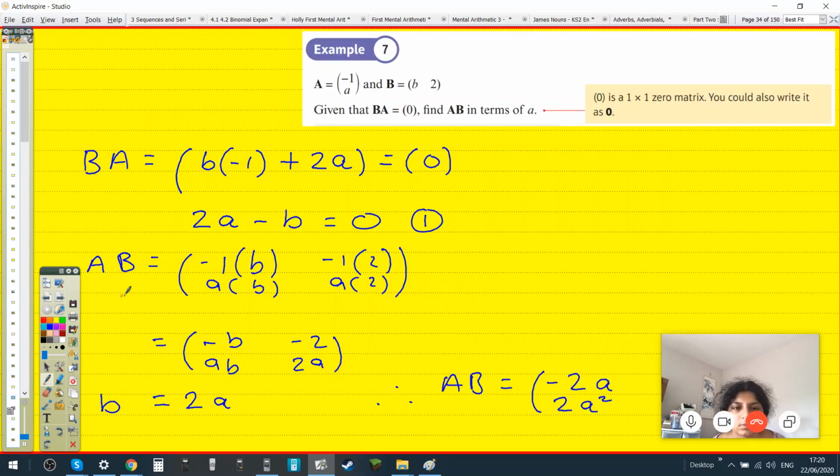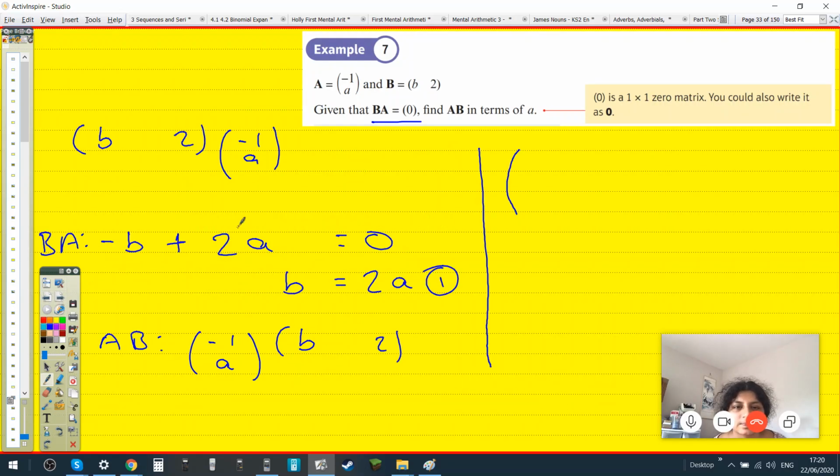Did I go past it? Yeah, this one. Sorry. So that one would be minus B and then, wait, no, that was the first one. It's the same here as well. So minus B. It's a cross and then times down.